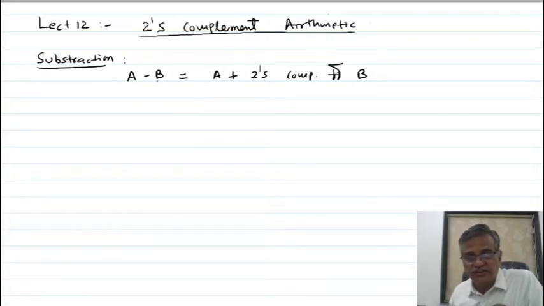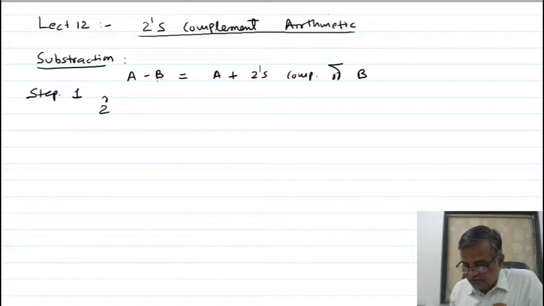The algorithm for subtraction in 2's complement arithmetic, or you can say the steps you have to do for subtraction of b from a, is like this.